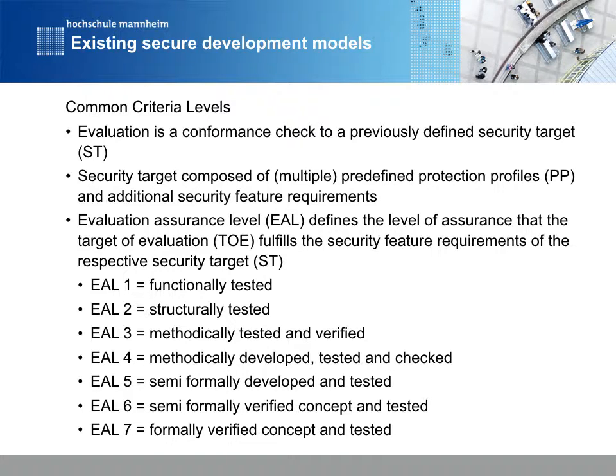And you have the evaluation assurance level, which describes to which level the verification of your security has happened. So as you see from the model, the common criteria is more about proving a certain level of security than actually helping developers make something secure. It's more how can I check this instead of how can I make this.